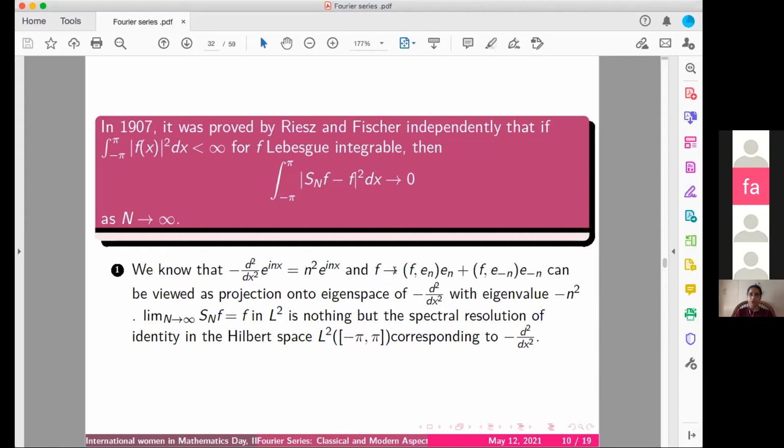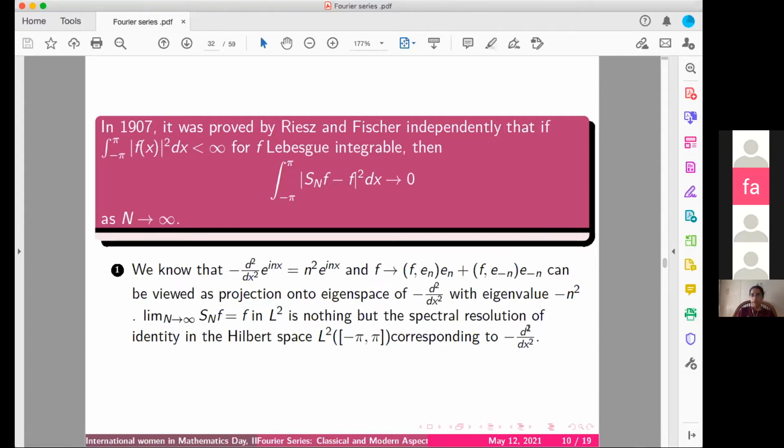And f going to the inner product of f with e_n times e_n plus the inner product of f with e_minus n times e_minus n can be viewed as projection onto the eigenspace of this operator with eigenvalue, well, it shouldn't be minus n squared. I'm sorry for the typo. It's just n squared. And then this limit, S_n of f equal to f in L2, is nothing but the spectral resolution of the identity in the Hilbert space corresponding to this operator.